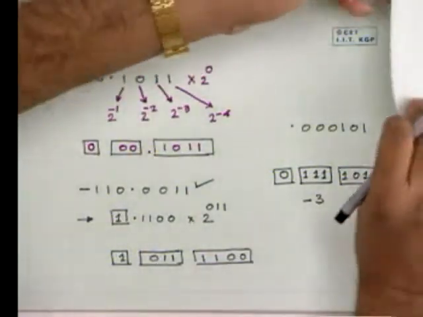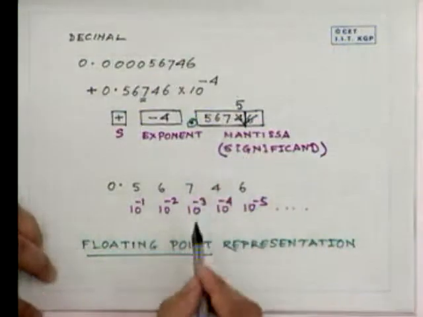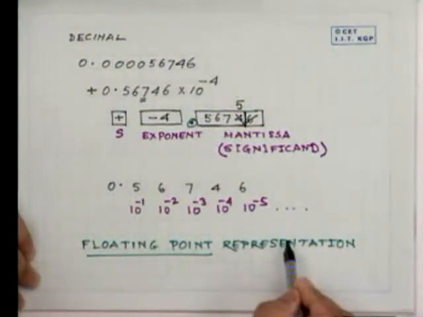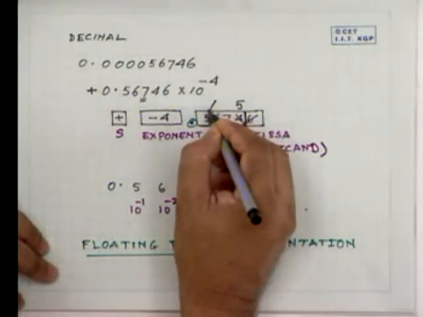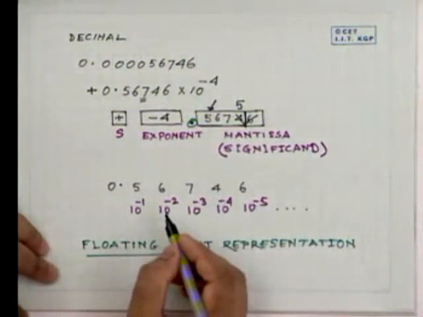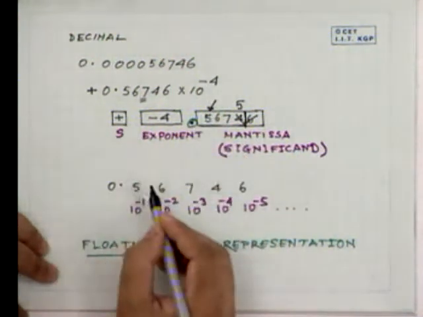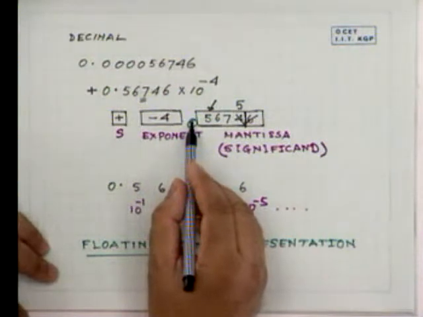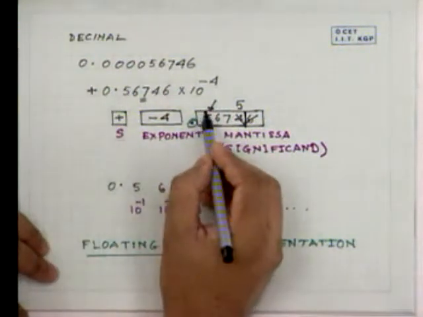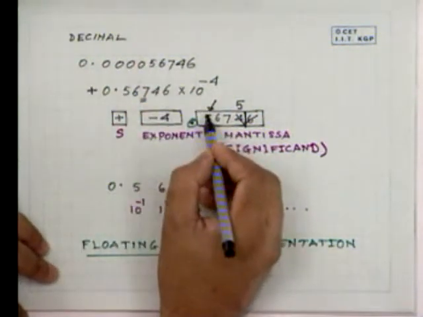Now, when you are representing a decimal as a floating point representation, what essentially we are trying to do is that the most significant digit has to be a non-zero. That means we are sliding the decimal point to a position where the most significant digit is a non-zero one.